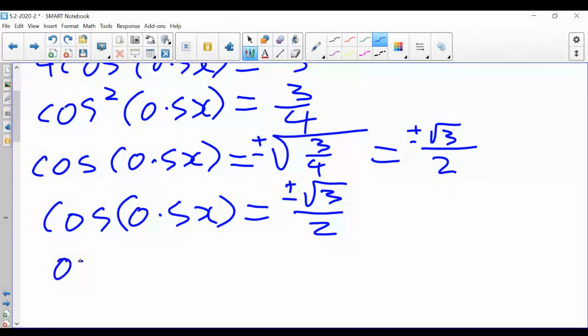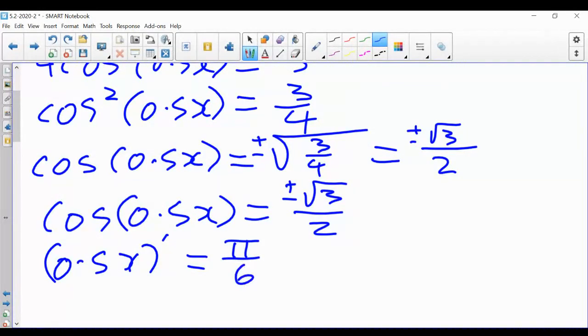So 0.5x, what I call prime, is equal to some special angle. And I don't know what it is. I've admitted that before. I'm going to say it's probably pi over 6, but I could be wrong. Thank you, Brennan. I think it's pi over 6, and I'm pretty sure you're right.